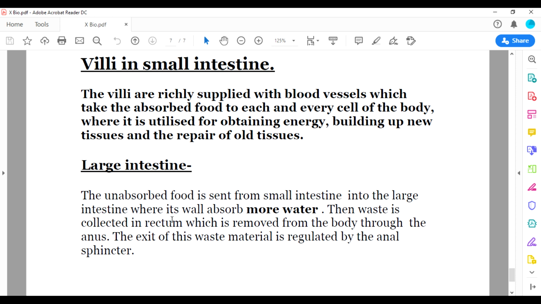It is collected in the rectum and then released out of the body through the anus from time to time. This exit of waste material is regulated by the anal sphincter. This is all about the digestion process in human beings.